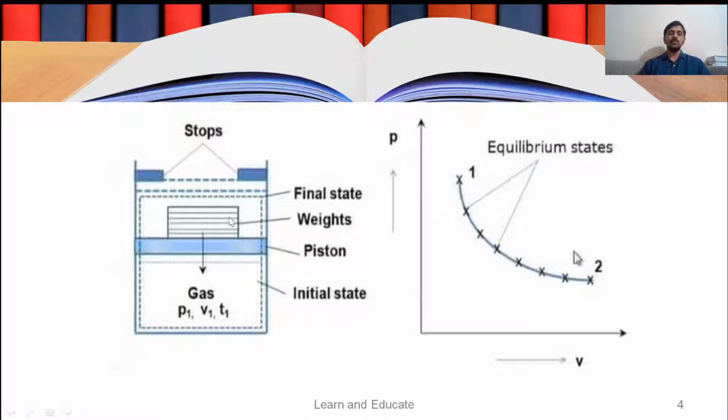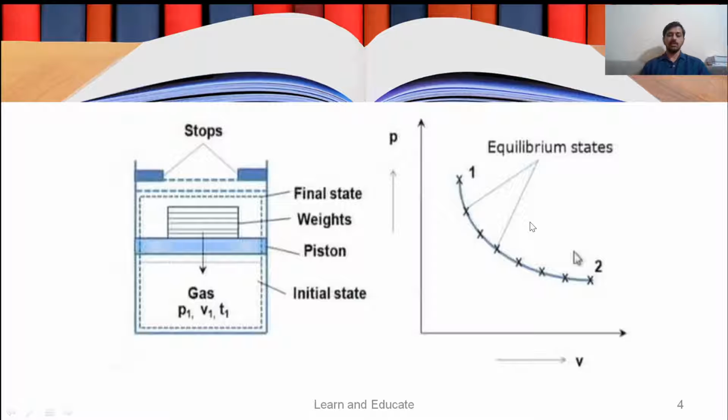Likewise, all these smaller weights are removed until the piston reaches the stops, provided here. The final state has pressure P2 and volume V2. So the system changes its state from state 1 to state 2 by removing the weights one by one, and a continuous curve is obtained in which the intermediate states are in equilibrium.